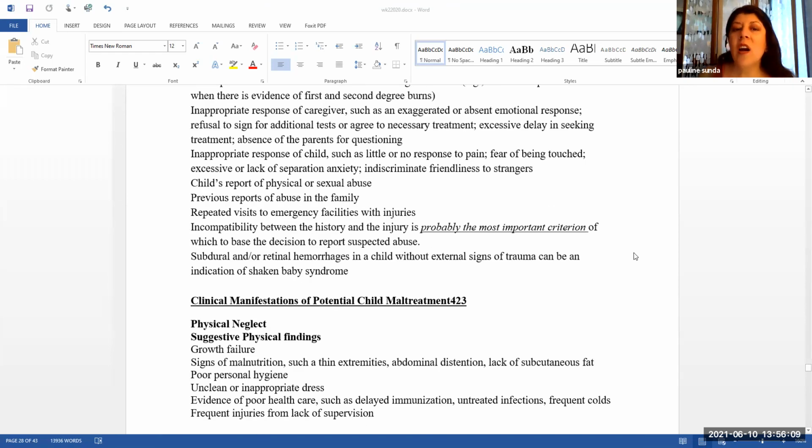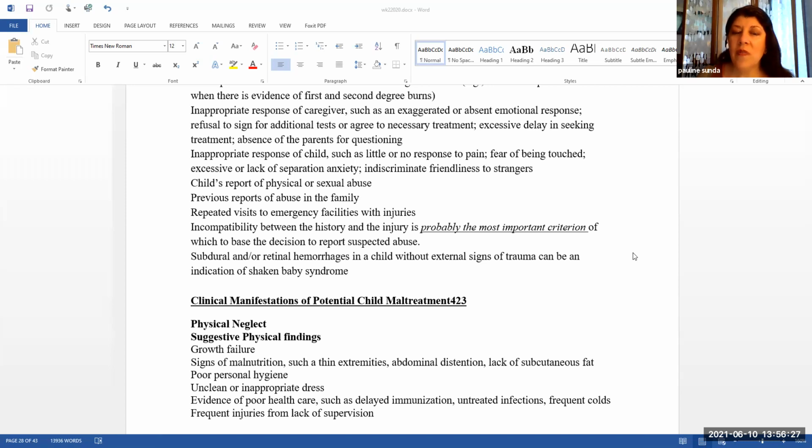Inappropriate response of the child, such as little or no response to pain, a fear of being touched, excessive or lack of separation anxiety, and they may also have indiscriminate friendliness to strangers. A child's report of physical or sexual abuse.